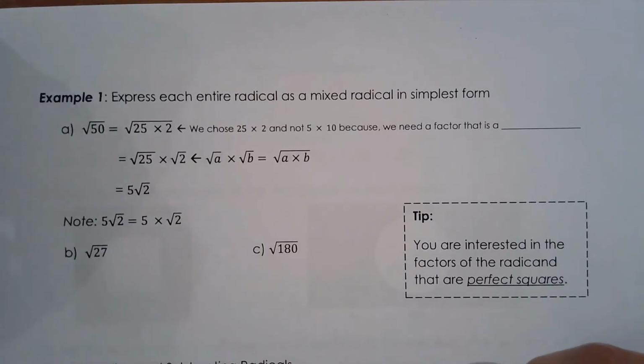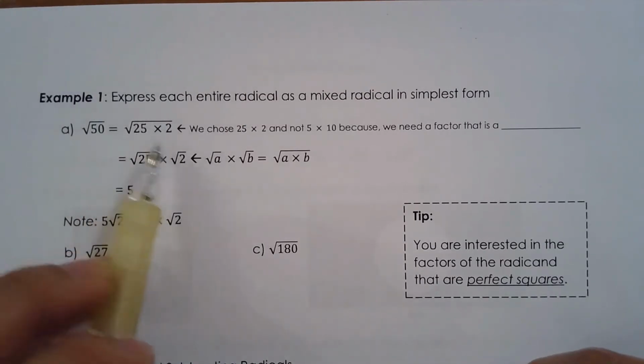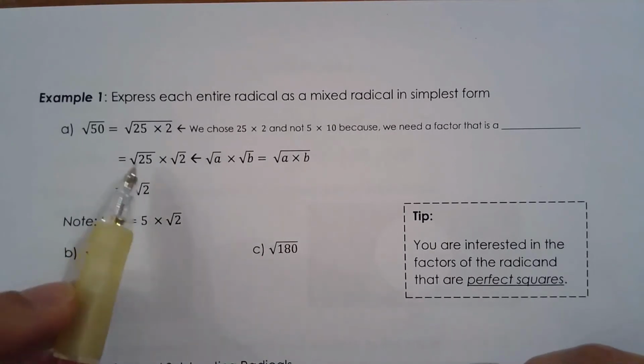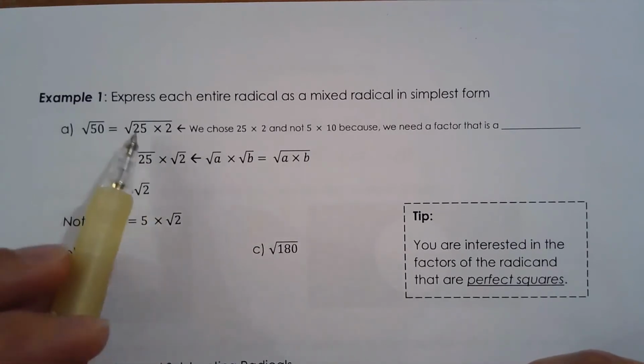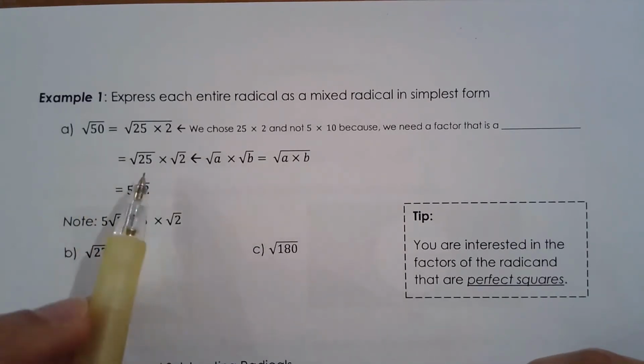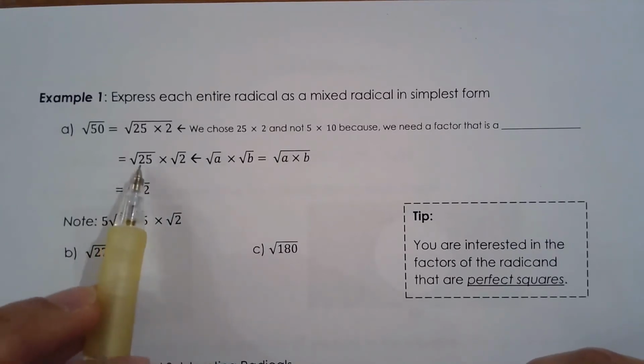And that is beautiful because remember we said earlier, root of AB is equal to root A times root B. So I express it as root 25 times root 2. But root 25 is a perfect square, so root 25 is just 5. So 5 root 2, perfect. Root 50 is exactly the same as 5 root 2.